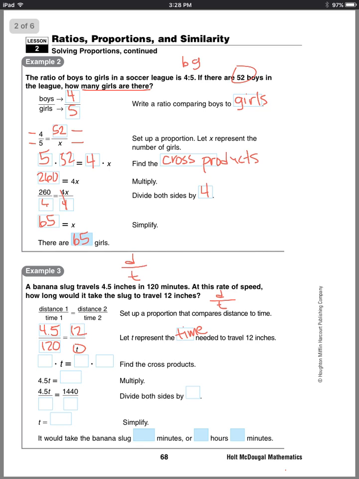So we're going to find the cross product. Since there's a t there, we're going to multiply that one by 4.5. And then we're going to get 120 times 12. So 4.5 times t is 4.5t. 120 times 12 is 1,440. Now we need to divide both sides by the coefficient of 4.5 to get the t by itself.